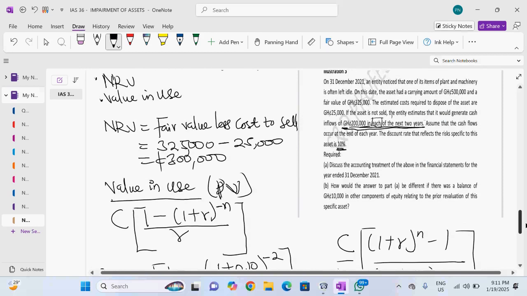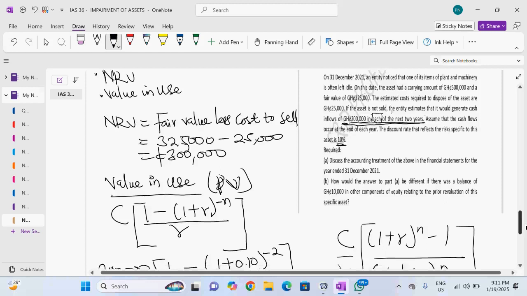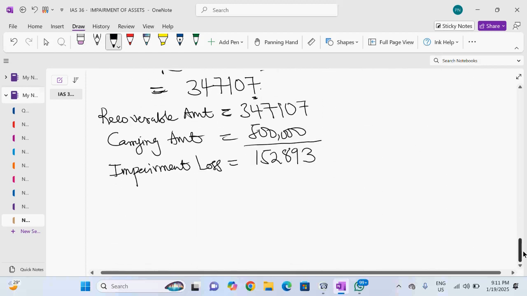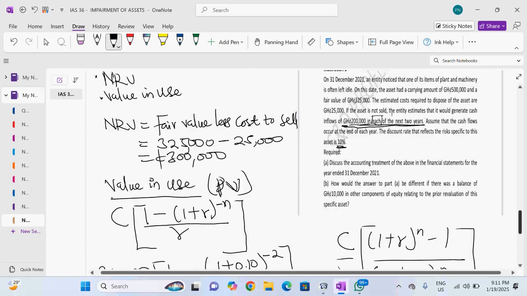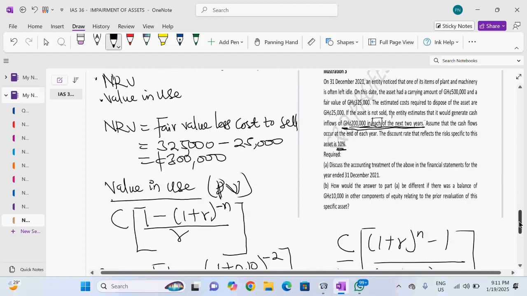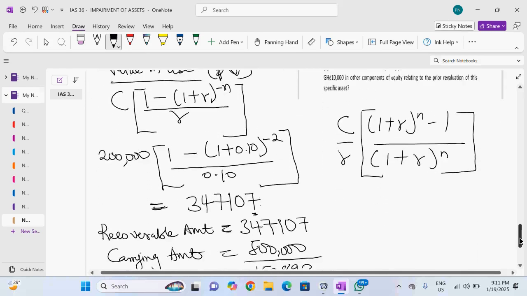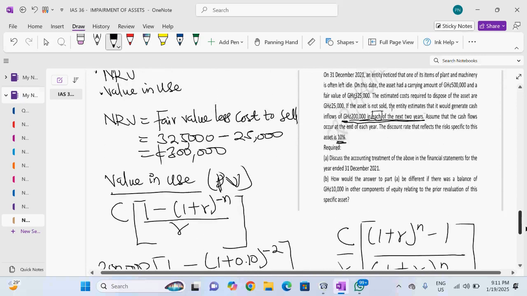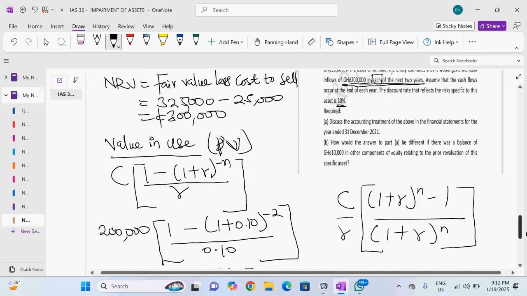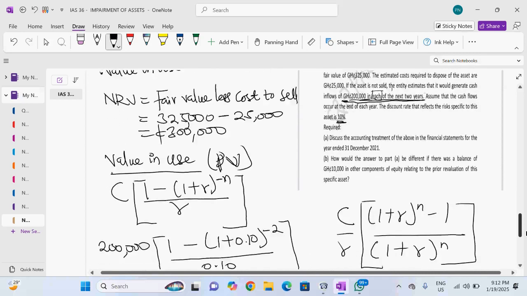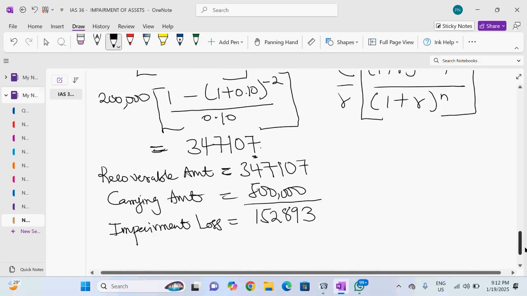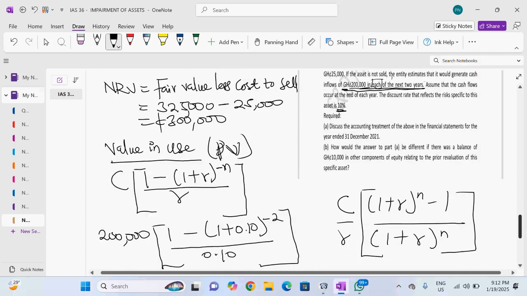Impairment loss will go to the P&L as an expense. And then you credit the asset account. What else? Will anything go to OCI? No. Nothing under OCI.